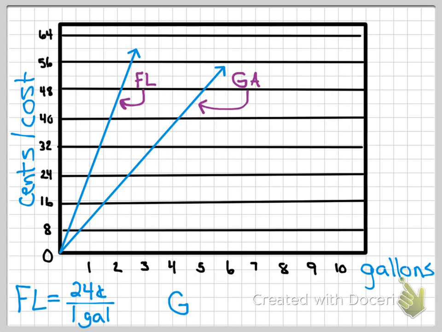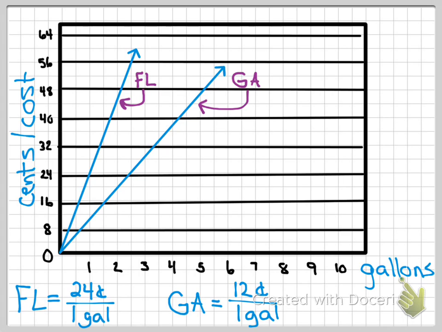Now how much is Georgia's gasoline tax rate in cents per gallon? How much is Georgia's? I would say 12. If you're 1 or 2 off, that's fine. But for Georgia, we're going to say probably about 11 or 12 cents per gallon. Again, these are prices from like the 60s.